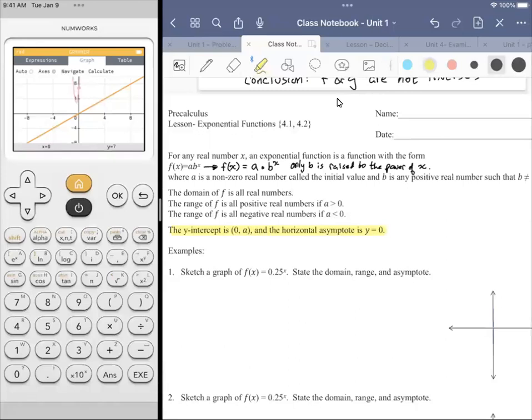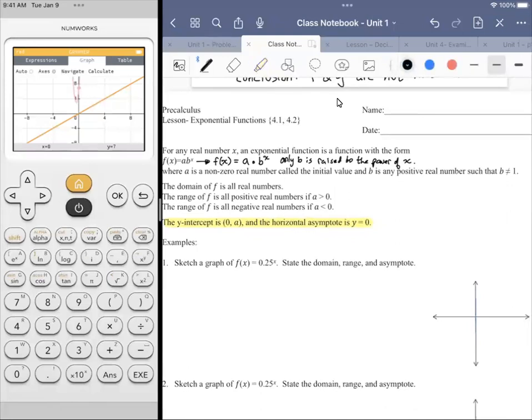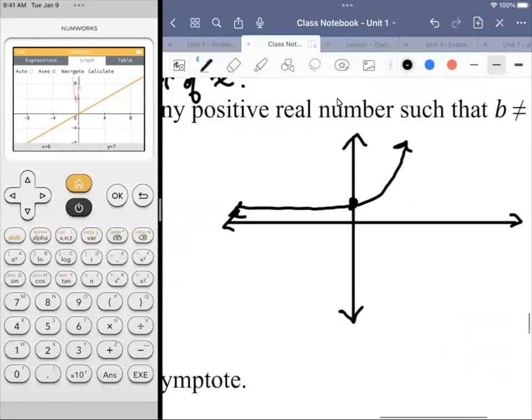So if I do a quick rough sketch for an ordinary untransformed exponential function, it's going to look something like this, with this being a.